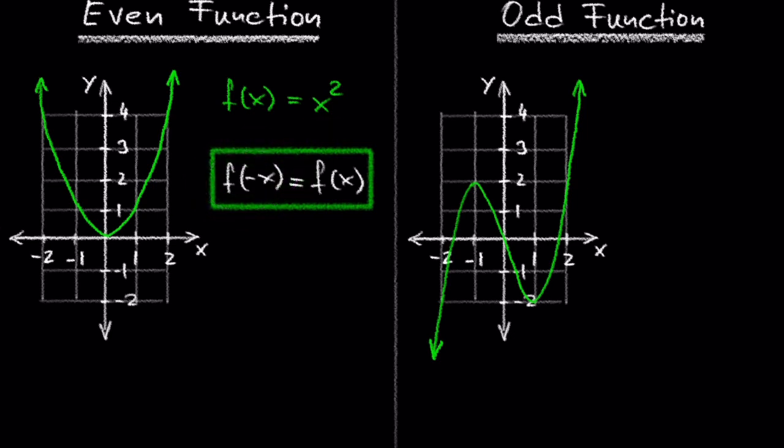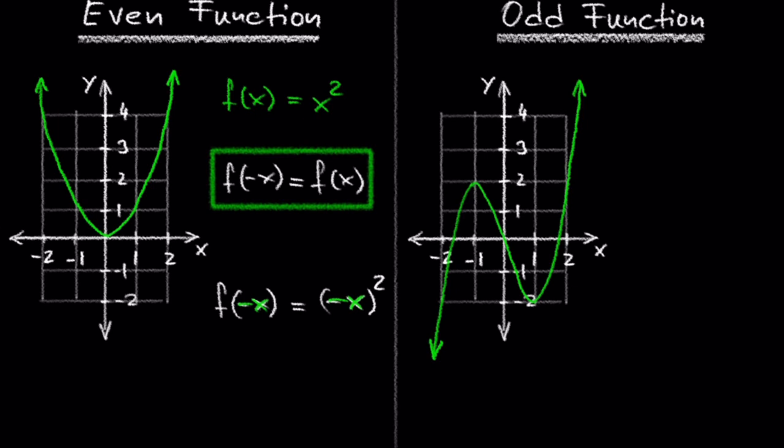Then we have shown that f of negative x equals f of x. If f of x equals x squared, then f of negative x equals negative x in parentheses squared. If you don't see that, I highly recommend watching some of my previous videos on evaluating functions.